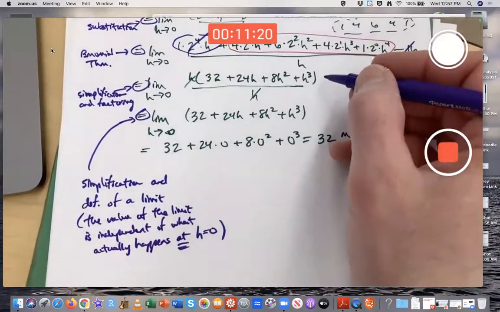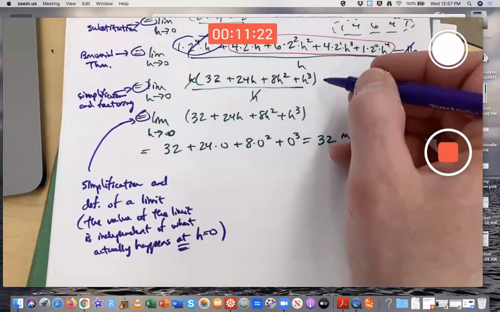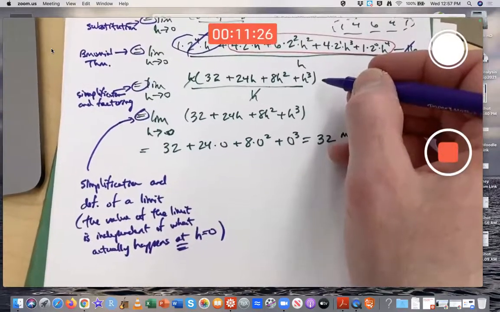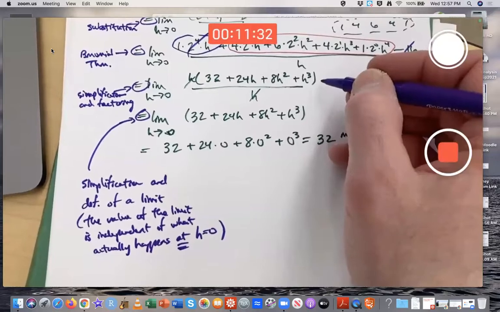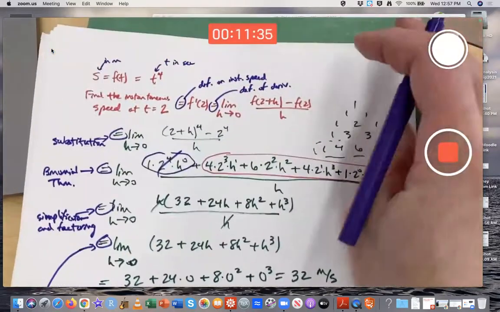Specifically, when I'm thinking about this as a function of h. You say, how's that a function of h? Well, it's a function of h if you think of h as a variable, which we're really doing since we're letting h go to 0. We're really thinking of it as a variable. Originally, we were thinking of t as the variable.